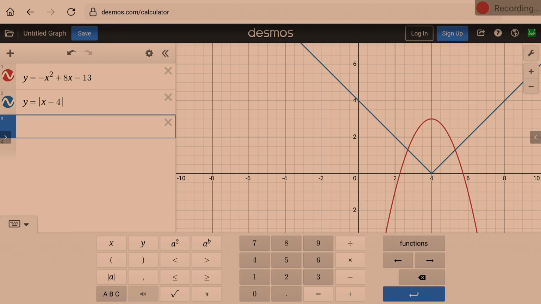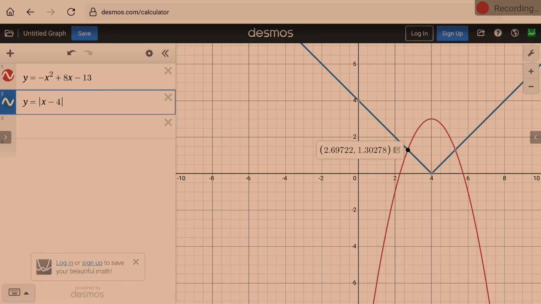So remember, you can touch the intersection points to find what they are. Looks like they should be those right there, if I've done everything right. And what do we only need here? We only need the x values, yes?